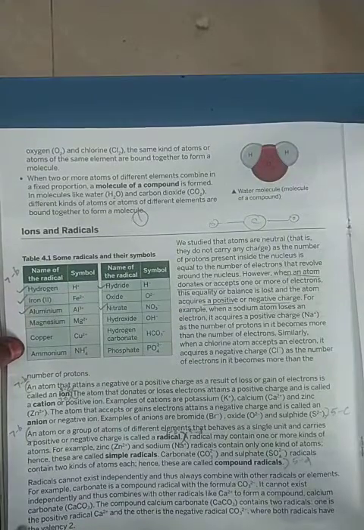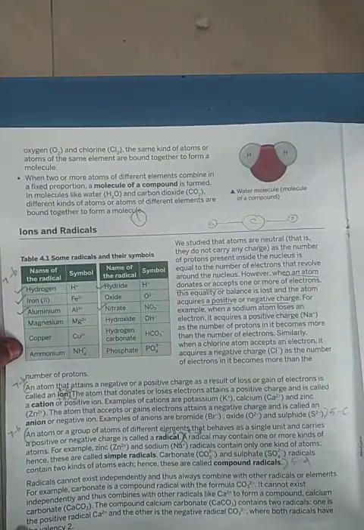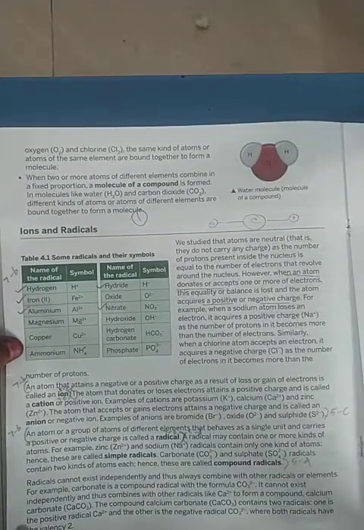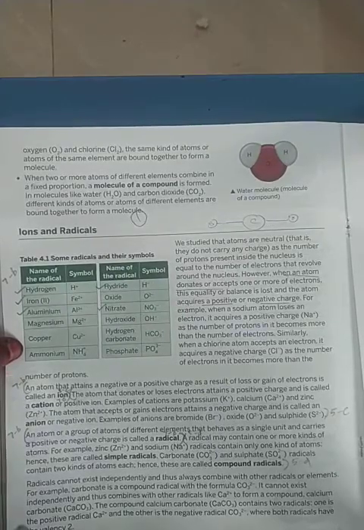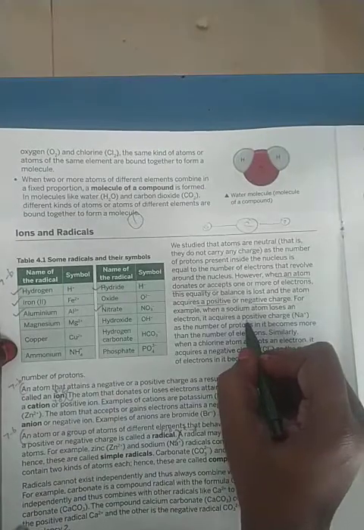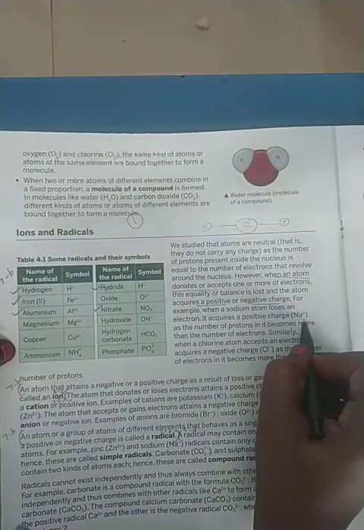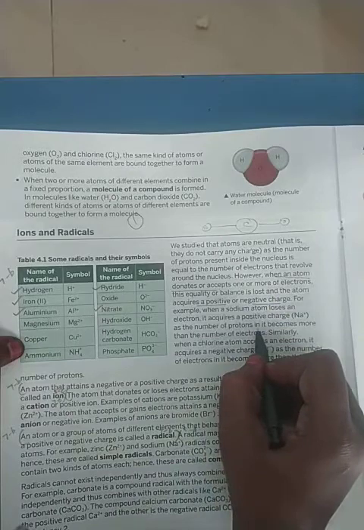When they lose electrons, the atom will become positive. When they gain electrons, the atom will become negative. This is the example they have given. The positive charge for the sodium: the number of protons will become more because it is donating the electrons.